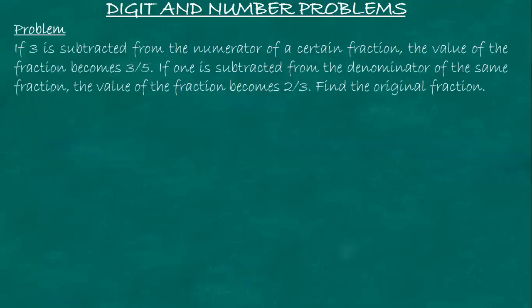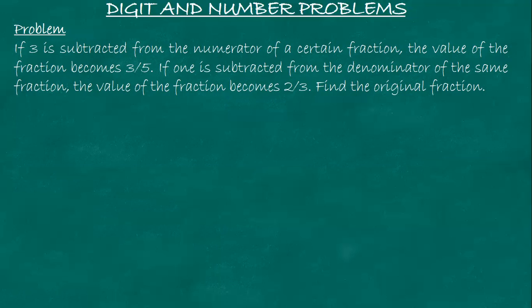Okay. Next. If 3 is subtracted from the numerator of a certain fraction, the value of the fraction becomes 3/5. If 1 is subtracted from the denominator of the same fraction, the value of the fraction becomes 2/3.